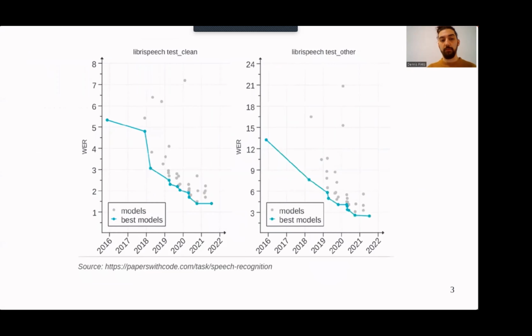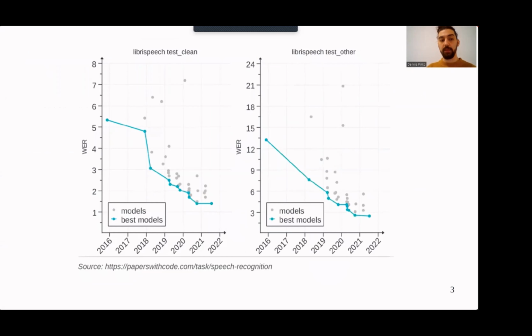One of the main reasons for this recent explosion in speech-powered applications is that ASR systems have become very accurate over the last few years. This figure shows different ASR systems proposed from 2016 to mid-2021. On the vertical axis, we have word error rate on the LibriSpeech benchmark.